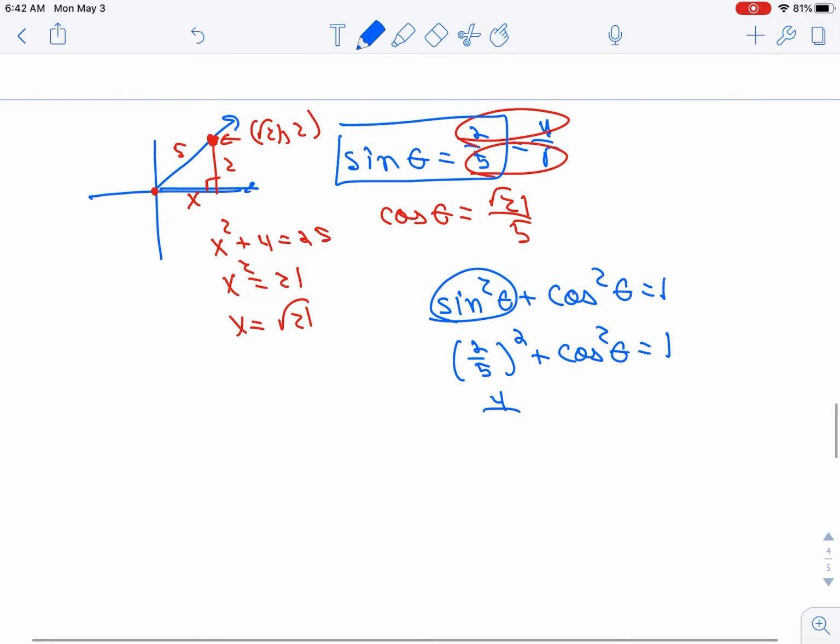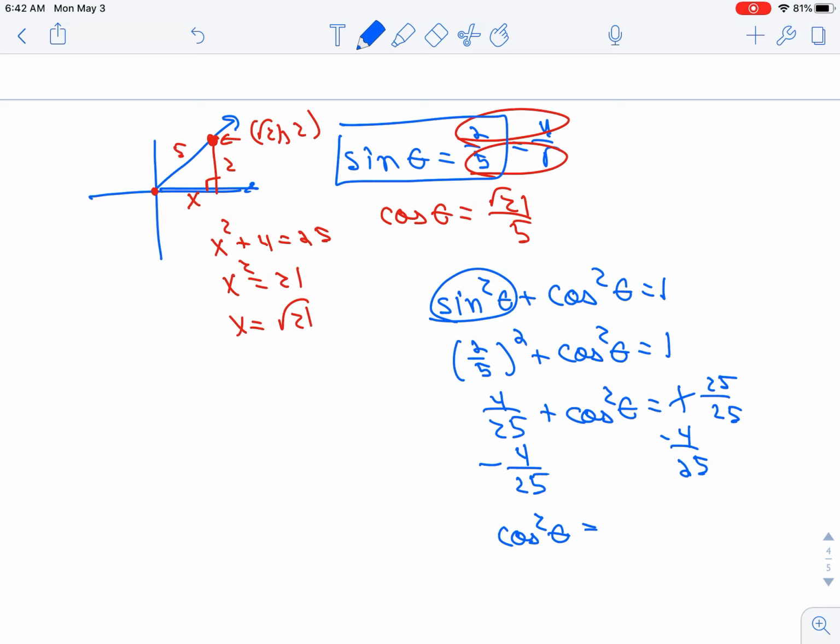When I square this, I get 4/25 plus cosine squared theta is equal to 1. I'm going to subtract 4/25 from both sides. So cosine squared theta is equal to, this is the same as 25/25, so this is 21/25 when I do the subtraction.